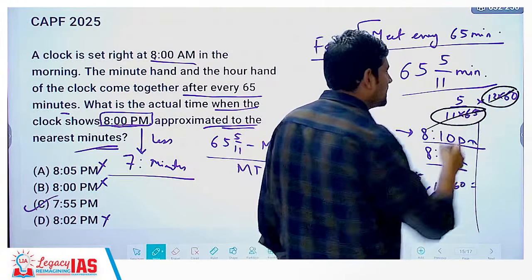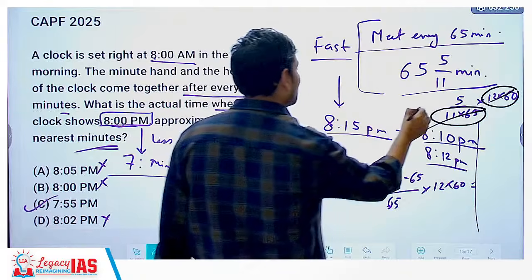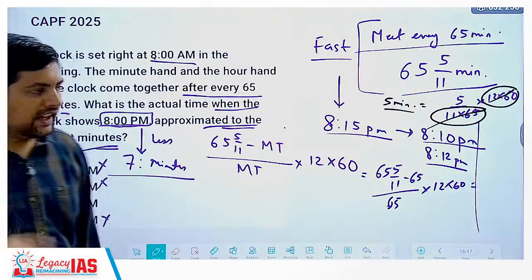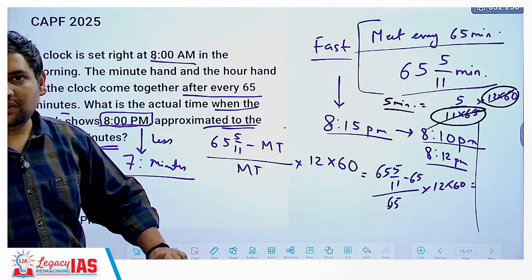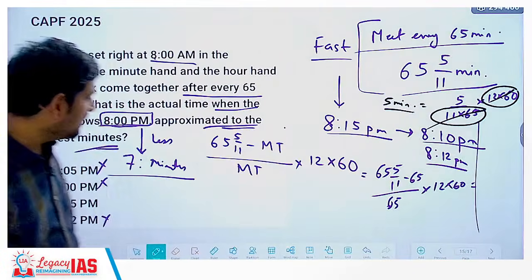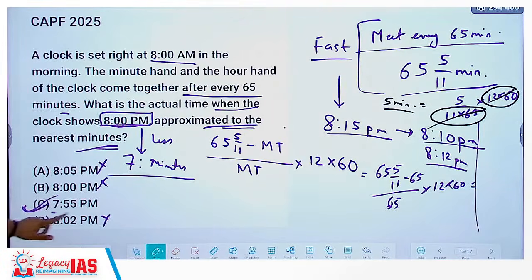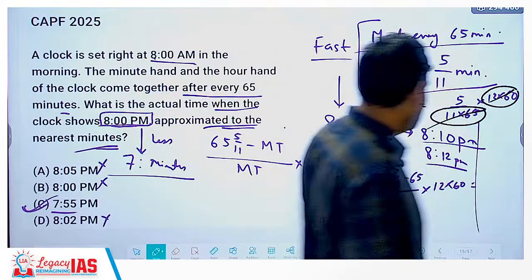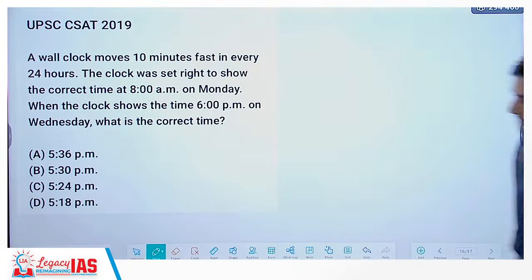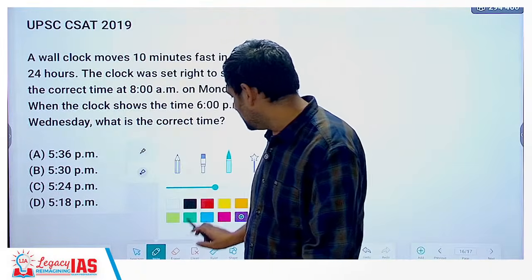You can just cancel them out, and you get 5 minutes. But again, you will have to look at whether it is fast or slow. That will always remain. Correct? Now, because it is 5 minutes fast, the original time will be 5 minutes less, that is 7:55 p.m. That's it.